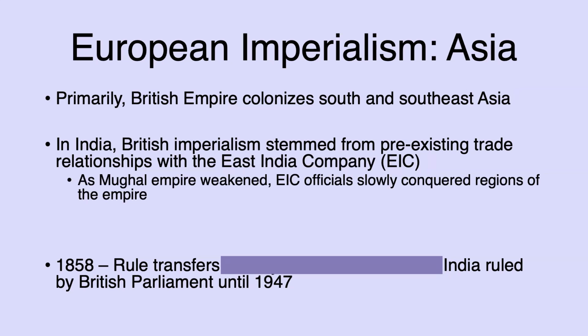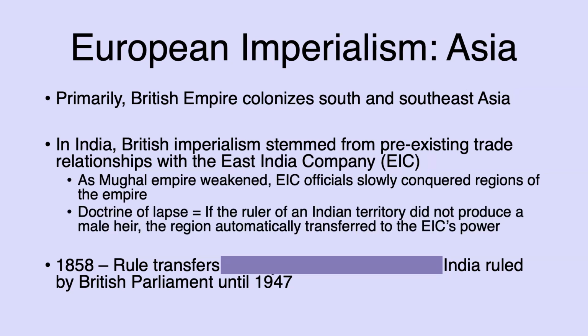As the Mughal Empire is weakened throughout the 19th century, the EIC is slowly conquering regions of that former empire. And that is because there was this idea known as the doctrine of lapse. And that was defined as if the ruler of an Indian territory, so if a Mughal ruler, did not produce a male heir, the region automatically transferred to the EIC's power.